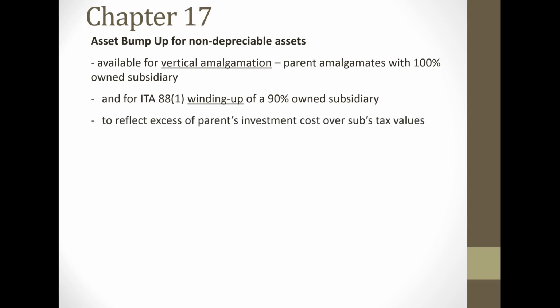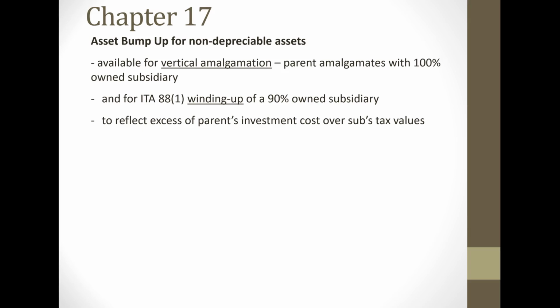Now, this is done to reflect any excess that the parent's investment cost is over the sub's tax value. So basically that excess will not be lost. Some of it could be bumped up in terms of non-depreciable asset values.